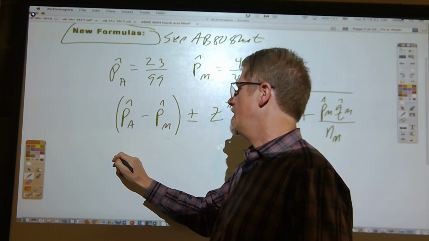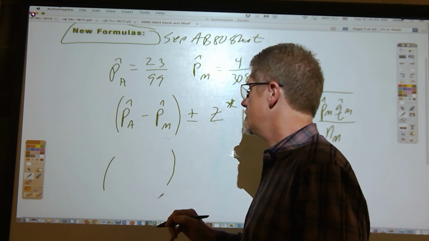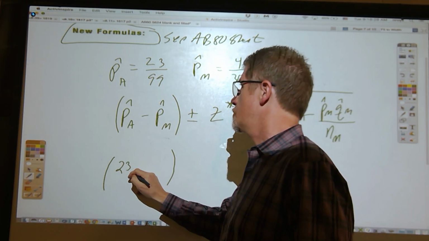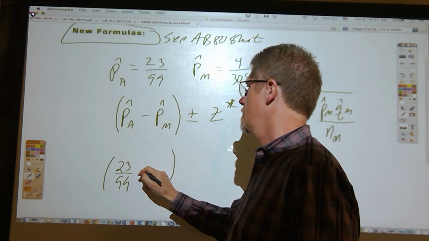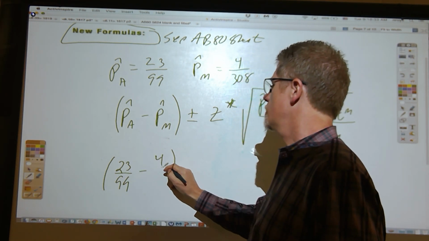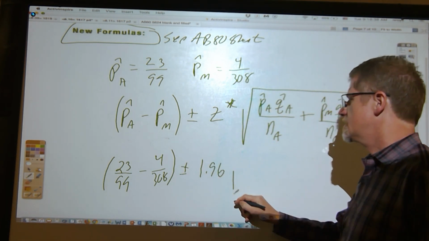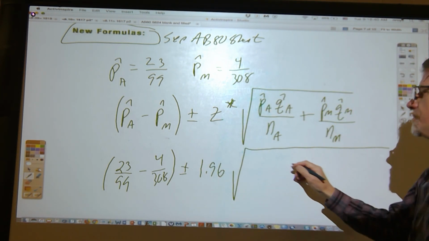So then you would have to show the specific numbers in the setup, which was 23 over 99 minus 4 over 308 plus or minus 1.96 because it's a 95% confidence interval.